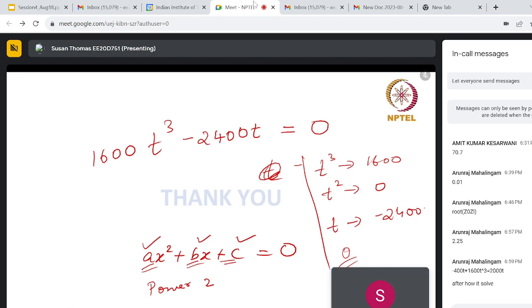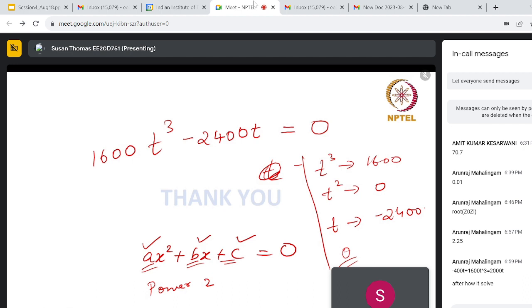A is 1600, B value is 0, C is minus 2400. Madam, I put that in, and it is coming 1.2. Madam, in that equation mode we have to select degree 3, no?